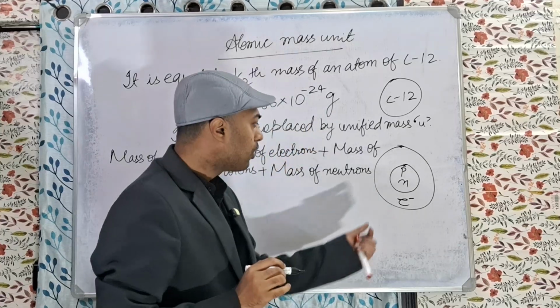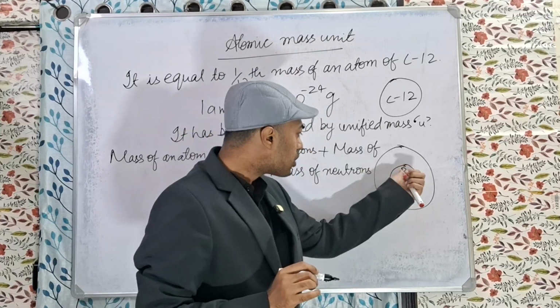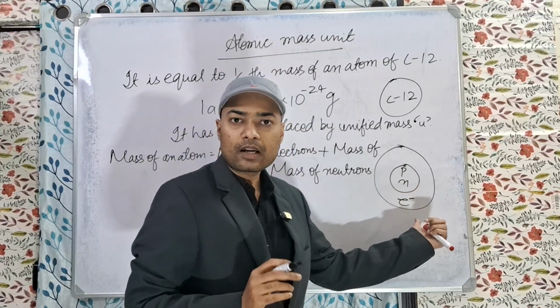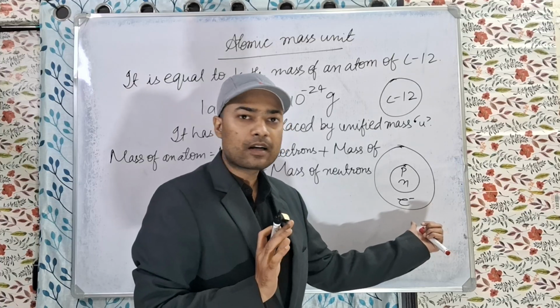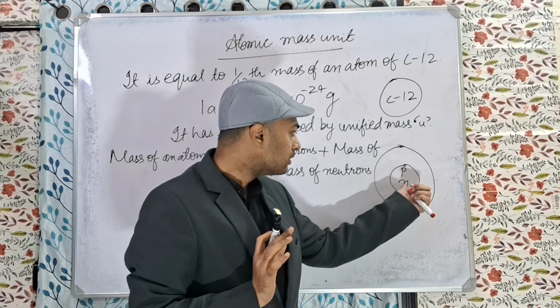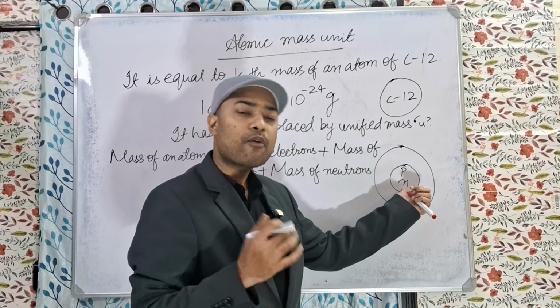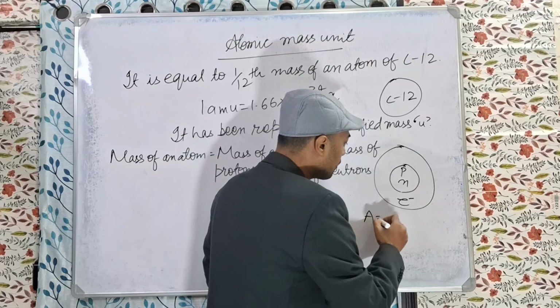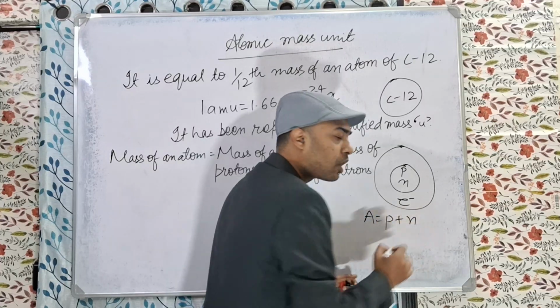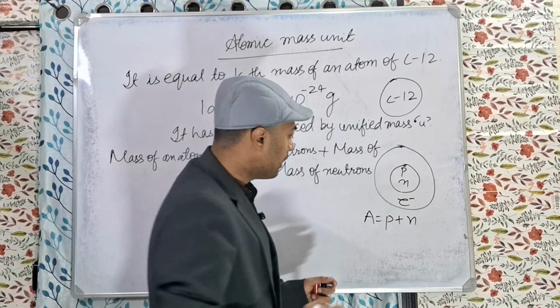Now we know that the number of protons and the number of electrons is equal to the atomic number of that particular element. Now, how will you calculate the number of neutrons? We know that mass number A is equal to number of protons plus number of neutrons, correct?